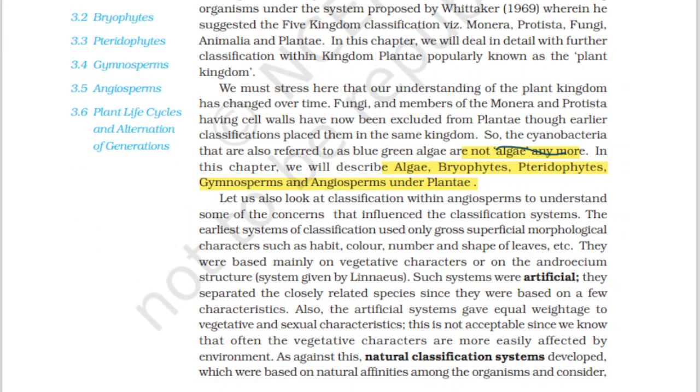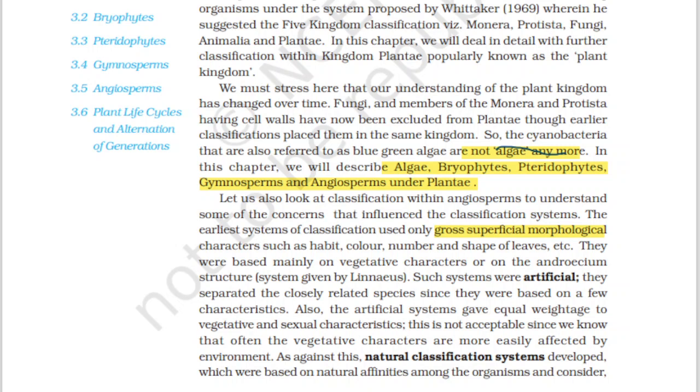Let us also look at the classification within angiosperms to understand some of the concerns that influence the classification systems. The earliest systems of classification used only gross superficial morphological characters such as habit, color, number, and shape of the leaves.